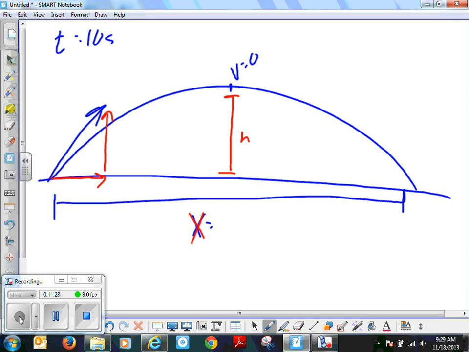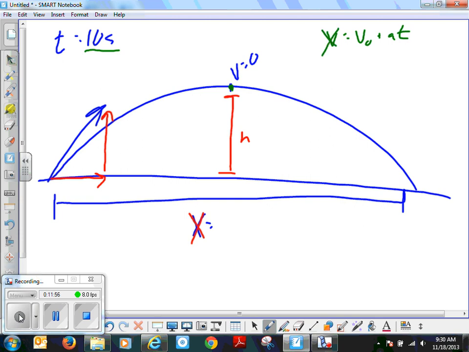Okay. So since this is starting and stopping in the same x-plane, we can use half the time, because we know that'll take us up to the point that's the highest. That's the highest. So we can go v equals v sub naught plus at.